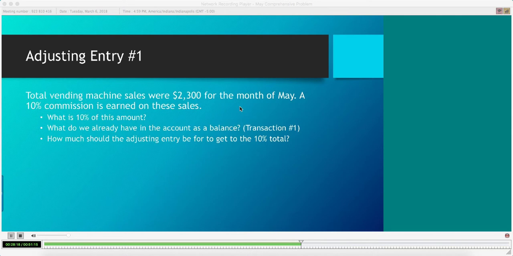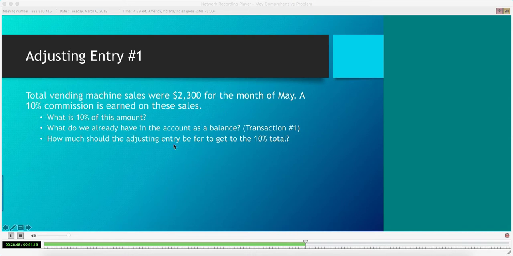How much did we receive a check for at the beginning of the month? Okay.